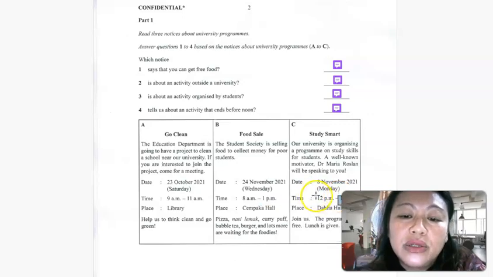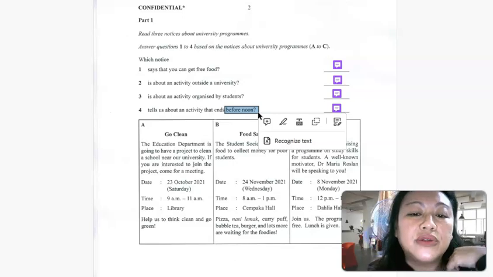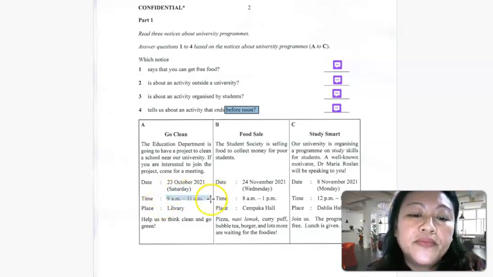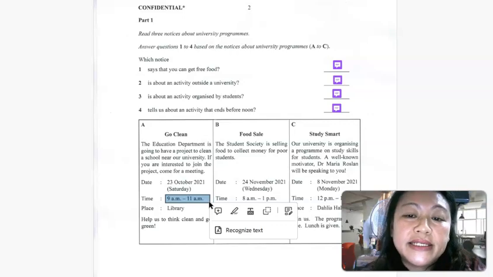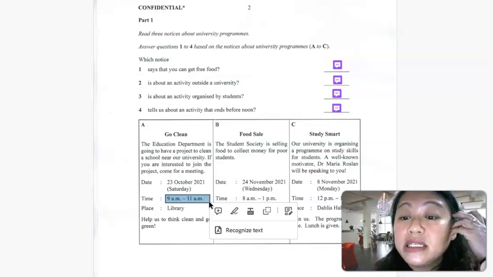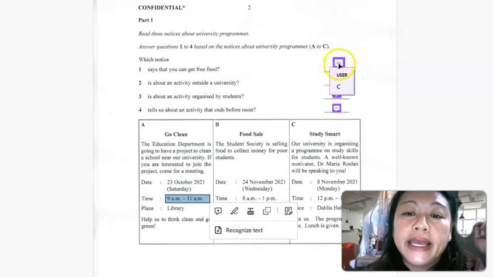But a weaker student might only understand that noon is 12 p.m. so they might choose the answer C. Whereas a good student would know that before noon is anything before 12 in the afternoon. So the correct answer would be 9 a.m. till 11 a.m. So although it might look straightforward, it's actually quite tricky. So many a time, students as well as teachers have also been tricked, yeah, in this first part of the reading comprehension question.